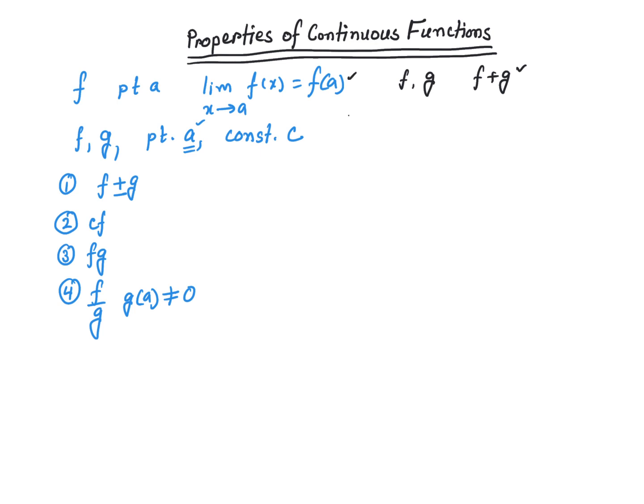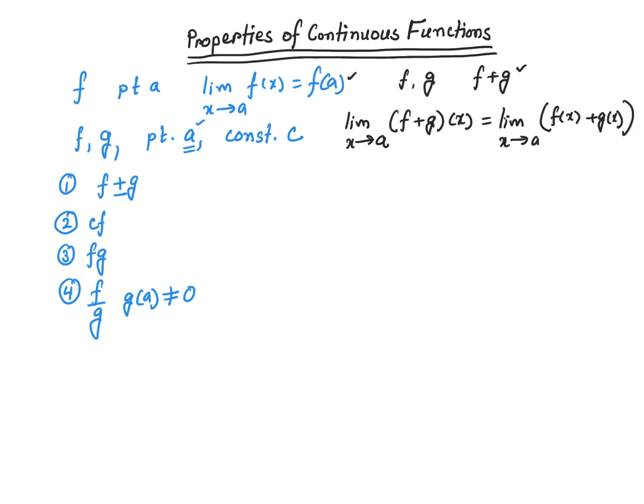By definition, the limit as x approaches A of (f plus g) of x must be equal to the limit as x approaches A of f of x plus g of x.